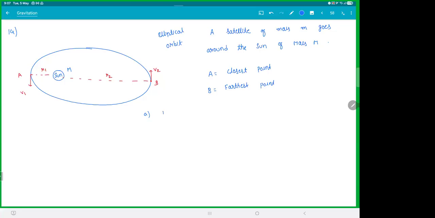The first question, find V1, V2 in terms of R1, R2, small m, capital M, all that stuff. So you know R1 and R2. You have to find everything else. So find the velocities V1, V2 in terms of R1, R2. Find the total energy and the angular momentum of the orbit.